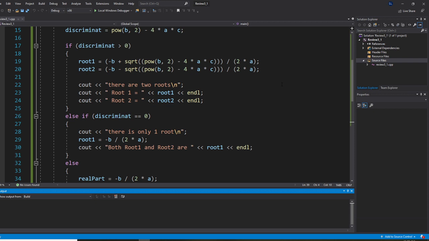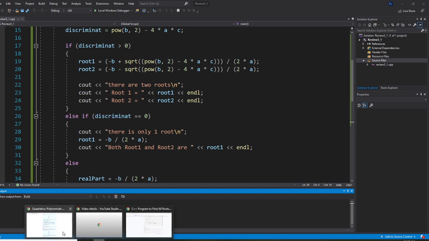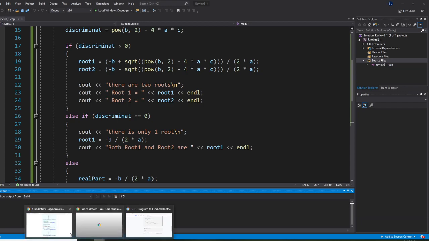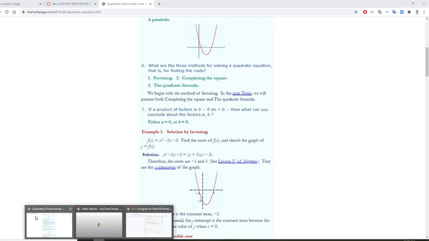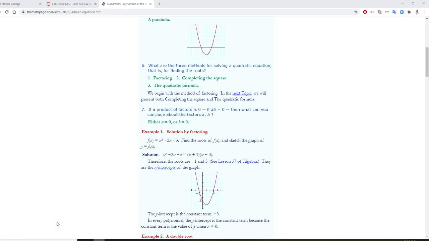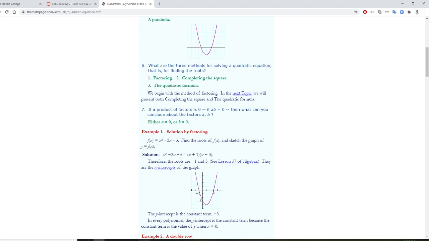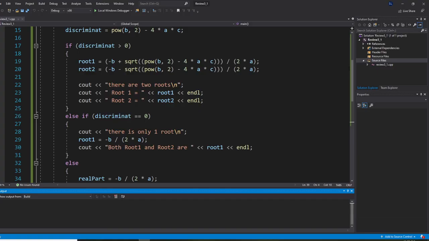I haven't checked the one that has two same roots. Let me double check right here, just a minute. Let me check this one that has only one repeated root: x squared minus 4.